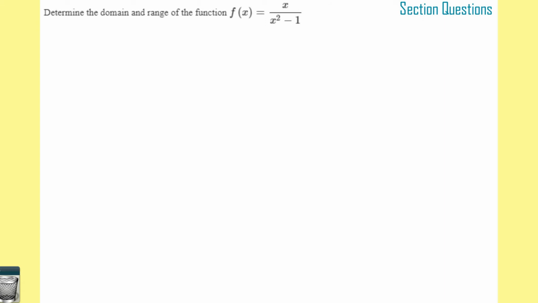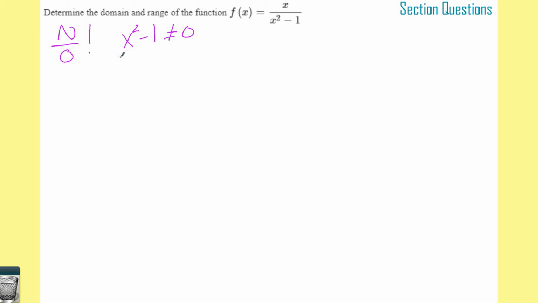All right, so here is another equation. So here we have a fraction. Okay, well, what can go wrong with fractions? Well, a big no-no is I can't have a number divided by 0, right? That's a big no. So that means x squared minus 1 can't equal 0. The denominator can't be 0.